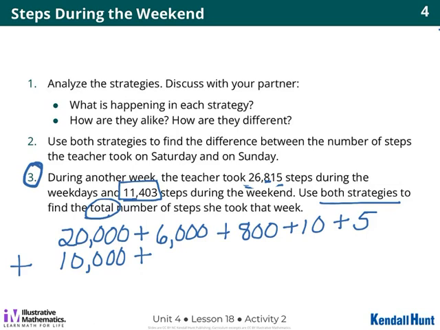Now the next one, what is that one worth? 1,000. And then we have a 4. What is the 4 worth? 400. What is the 0 worth? 0. Okay, now for this one, 0 means nothing, but I want to keep my columns lined up.